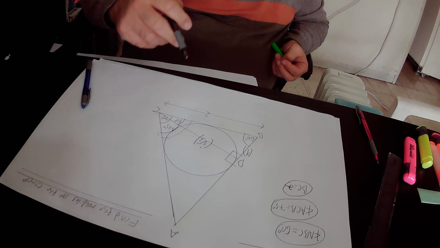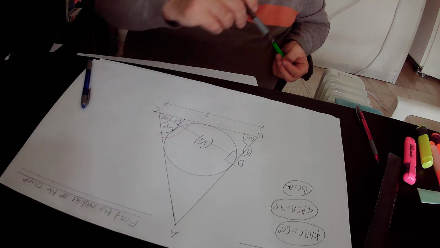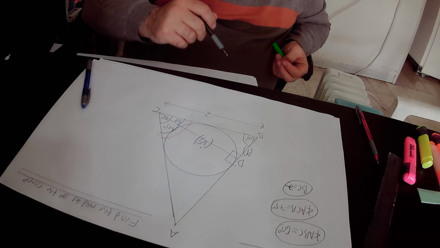In the next step, I will copy the right triangle ACD in a new page and we will analyze this right triangle, triangle ACD.